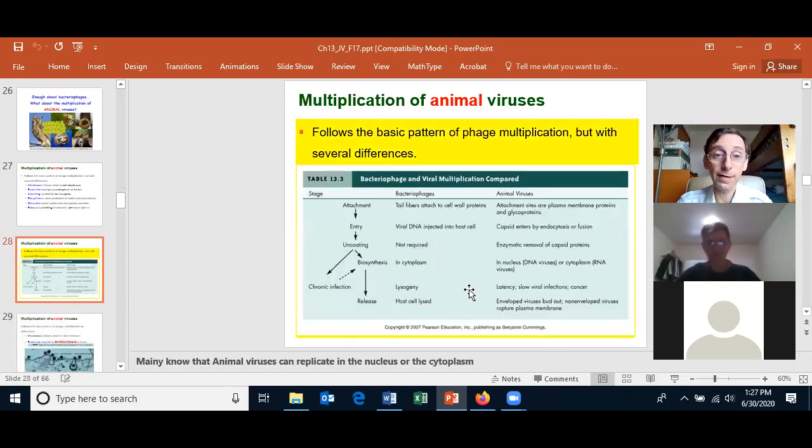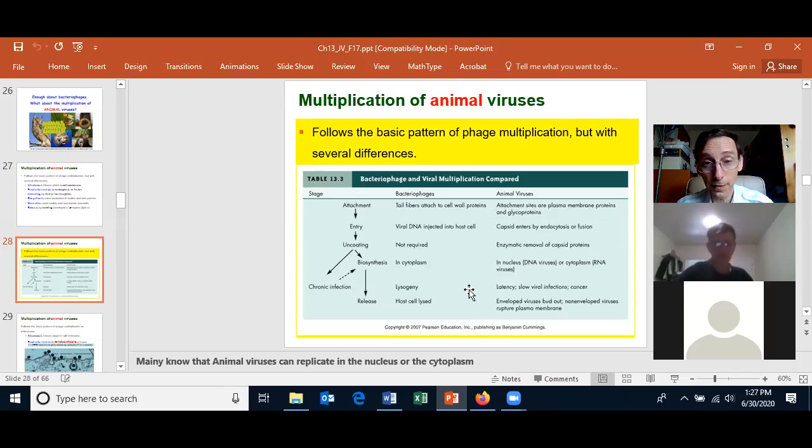Another difference is that bacteria viruses always have to replicate in the cell cytoplasm because there is no other place for the virus to replicate. But an animal virus can replicate either in the cytoplasm, and the RNA viruses tend to do that, but the DNA viruses tend to replicate in the nucleus.